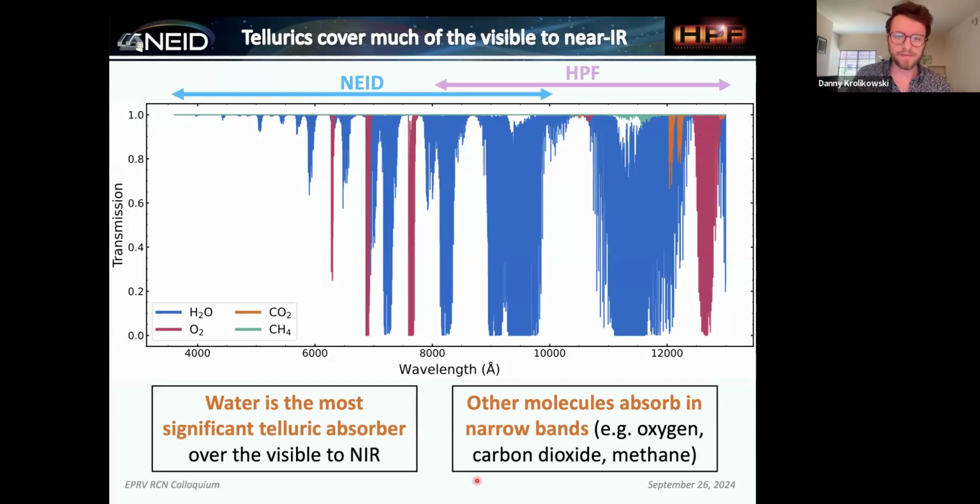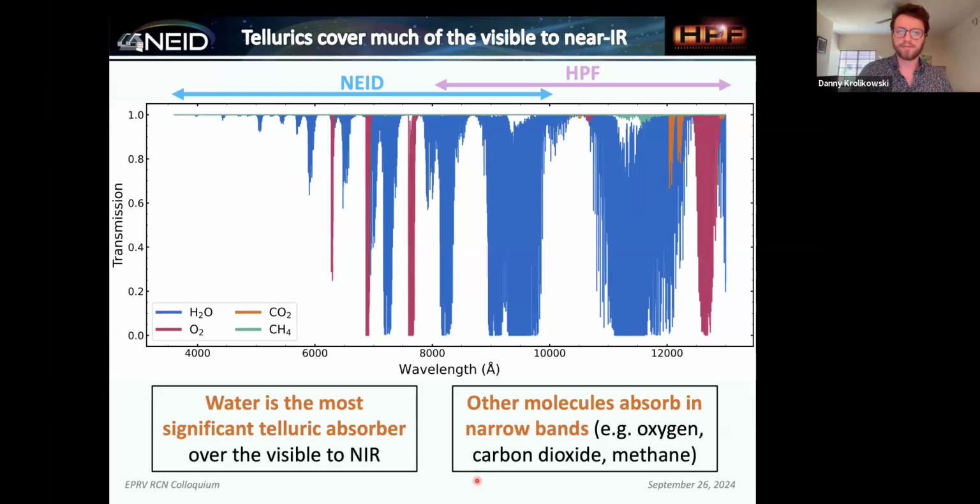And you can see the transmission for much of the spectrum, particularly into the near infrared, is quite low. So we are losing a vast majority of the astrophysical information in these stellar spectra in the red part of NEID and into HPF. Here in blue is water absorption. That's definitely the most significant absorber.